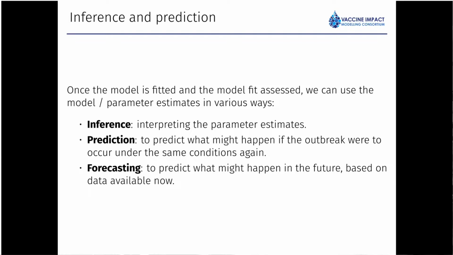We can also use it for prediction, okay, which is essentially saying to predict what might happen if the same outbreak were to occur under the same conditions again and again, okay? And this is essentially what we do when we plug our parameter estimates in and we simulate from our model a load of times, right? And that gives you some information about the range or the behavior of that model under those same conditions.